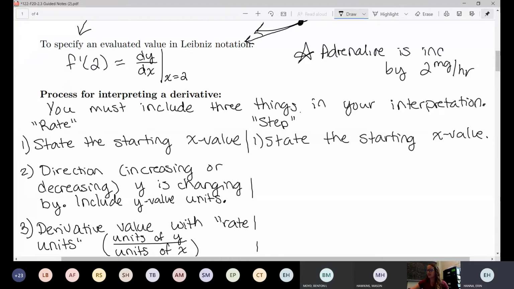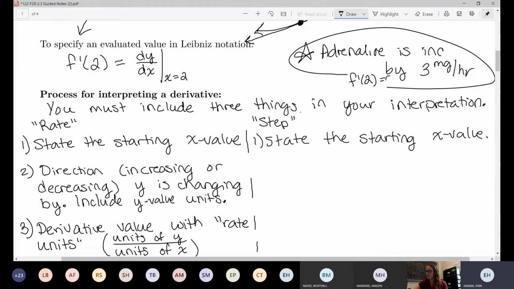So say I'm going with this one that I'm just trying to pull out. Adrenaline is increasing by 2 milligrams per hour after, so at, say this was some f prime of 2. So let me change this to 3 then, so f prime of 2 equals 3. So you'd state the starting x value, so you'd say after 2 hours.